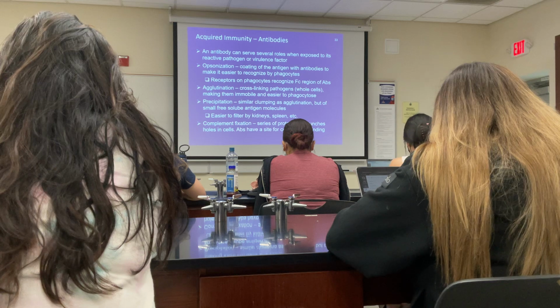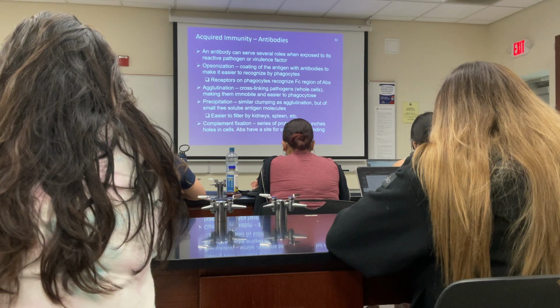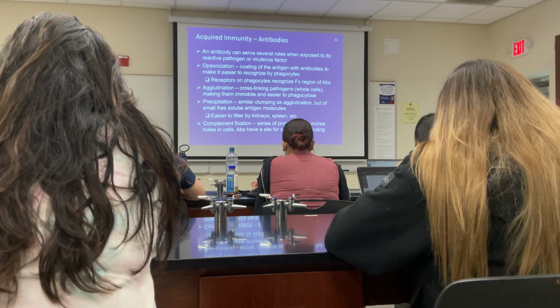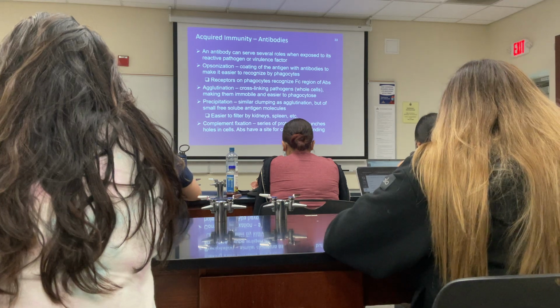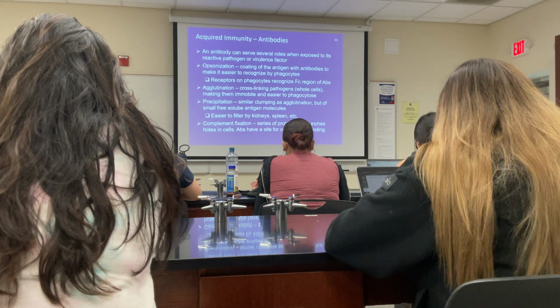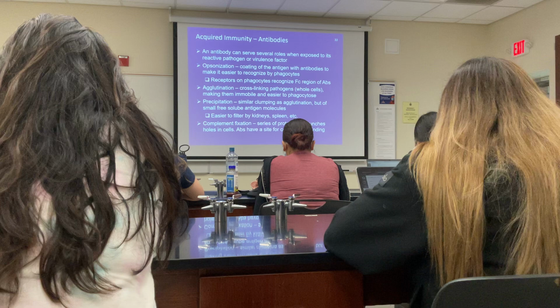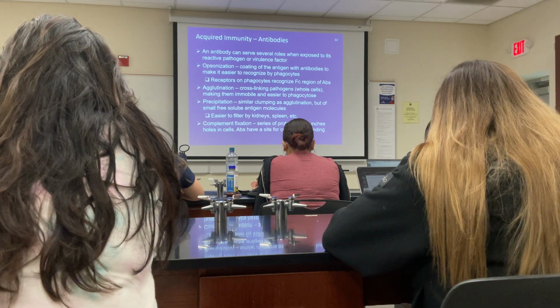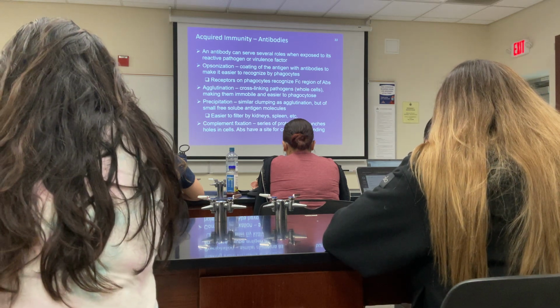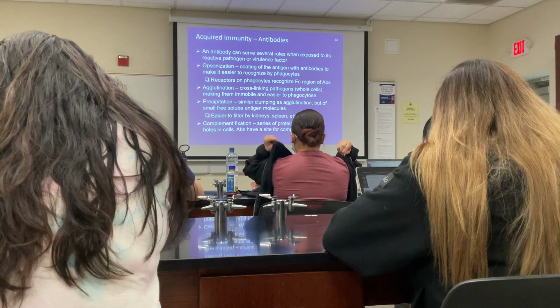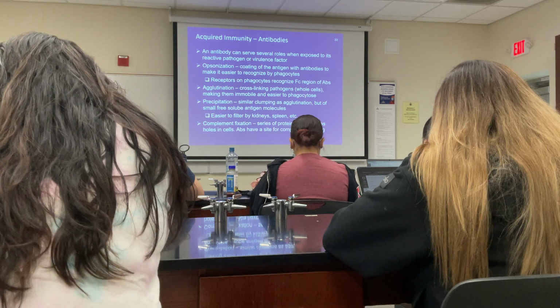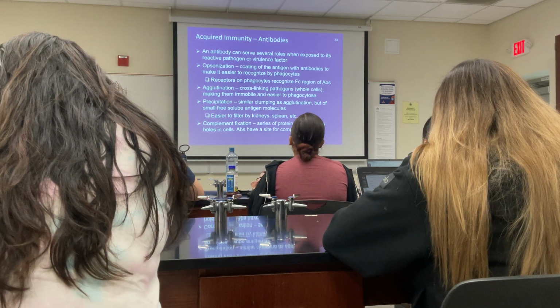So agglutination, whole cells; precipitation, soluble molecules. If you've gone through chem, like Chem 20 or something, you've seen a precipitation reaction. Something that was soluble, when it binds up like this, precipitates out of solution. And that's going to make it easier to filter by things like your kidneys and your spleen.